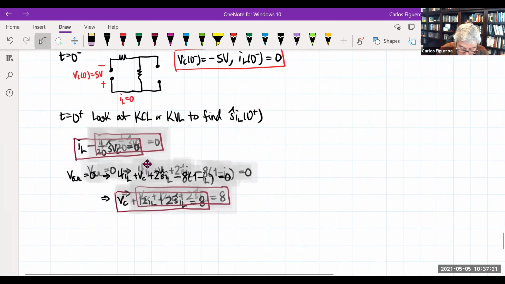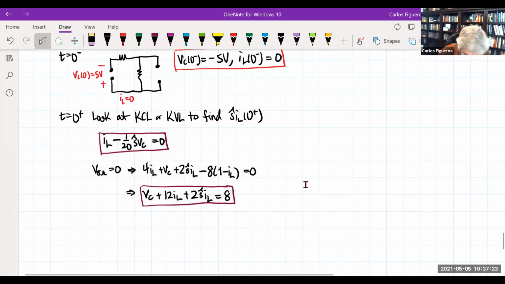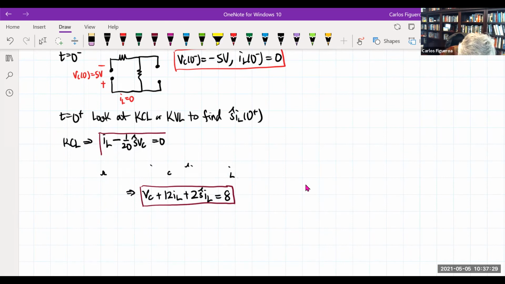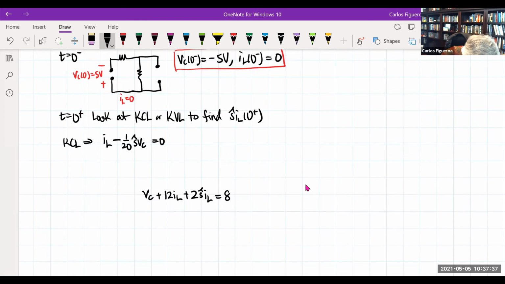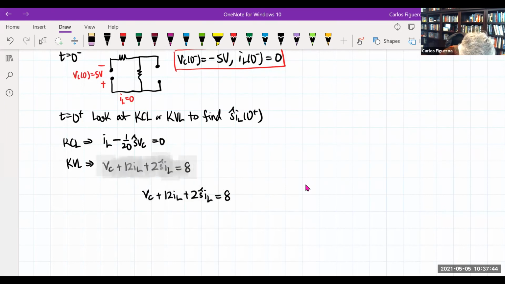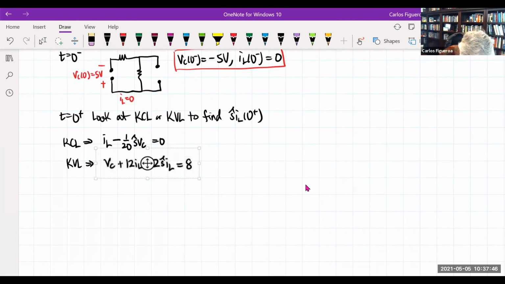What I'm seeing here is my KCL equation, and then here's my KVL. My KVL looks like this. And we're looking for the second derivative. You can see that it's not in KCL, but it is in KVL.